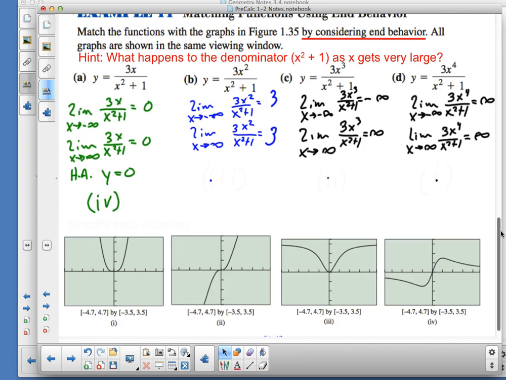Now, in the next one, I'm looking at it approaching 3. Which one of the graphs that I have left over seems to approach 3? Ideas? I'm looking for a willing participant to throw out a number, or in this case, a Roman numeral.